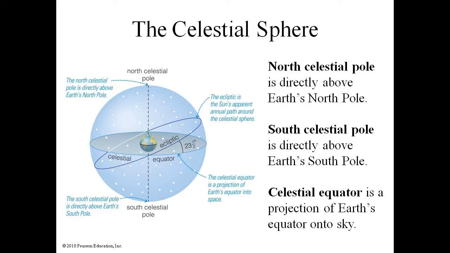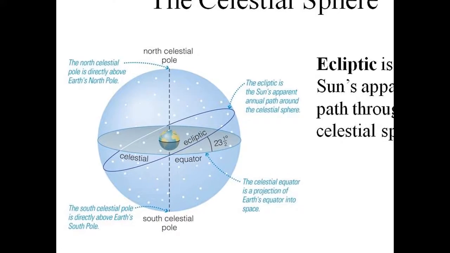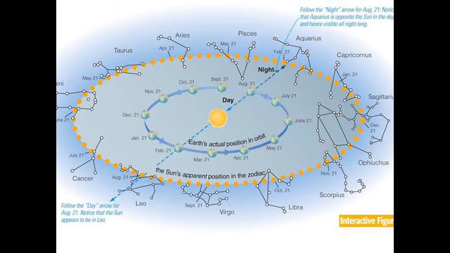Okay, there is another line, and it's a great big circle around the celestial sphere called the ecliptic. Now, what the ecliptic is, it is the sun's apparent path on the celestial sphere. So say for example you were to go out during the day and you could see the constellation that the sun was in.